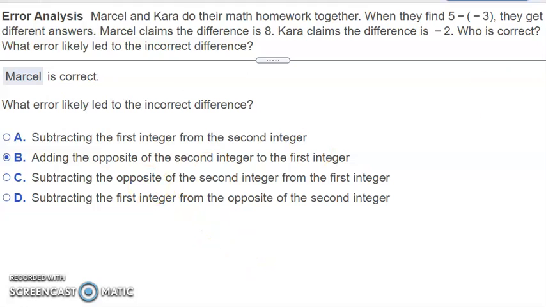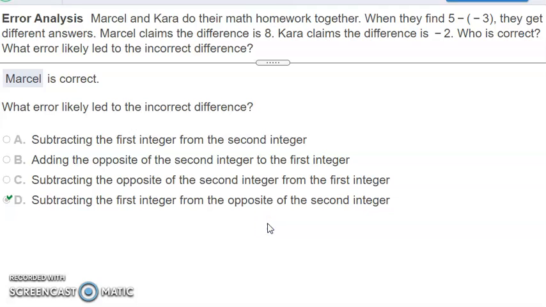Subtract the opposite of the second integer from the first integer. 5 minus a negative 3. 5 minus 3. Subtract the negative 3 minus 5. She did this one. Subtract the first integer from the opposite of the second, because that'd be negative 3 minus 5.